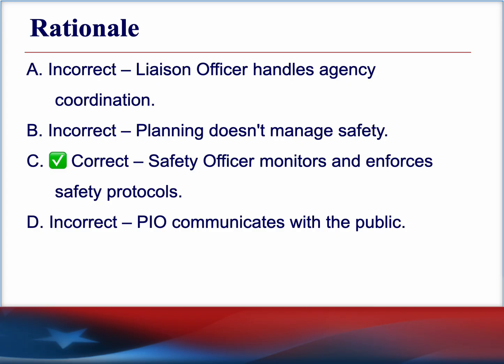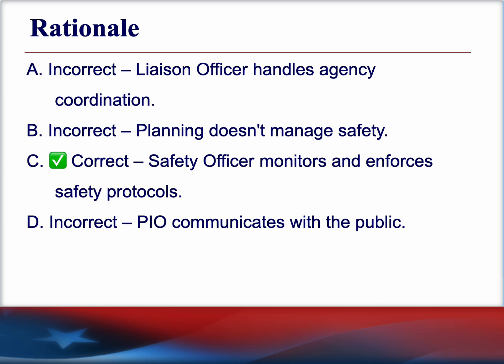A is incorrect because the liaison officer handles agency coordination. B is incorrect because planning doesn't manage safety. C is correct because the safety officer monitors and enforces safety protocols. That makes sense. And D is incorrect because the PIO communicates with the public and the news media.